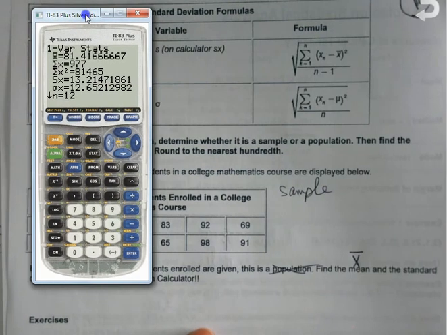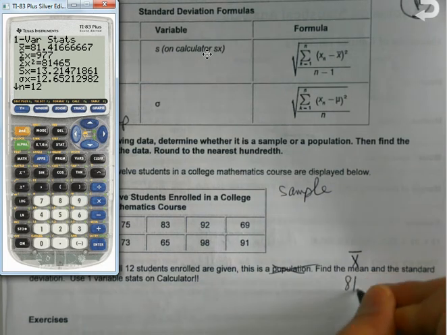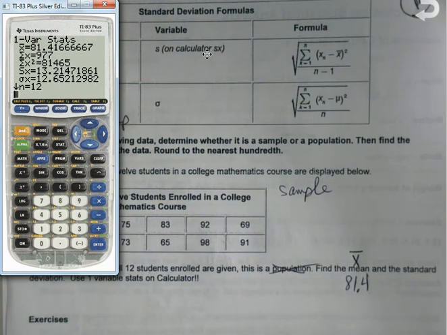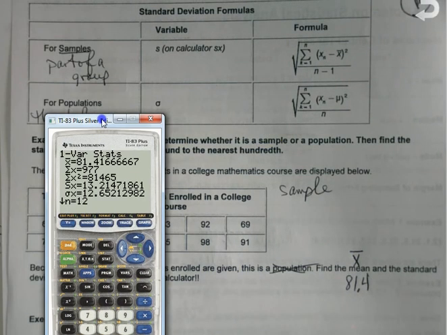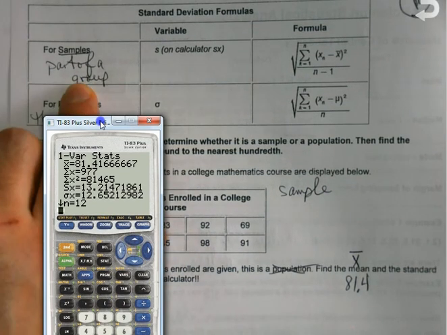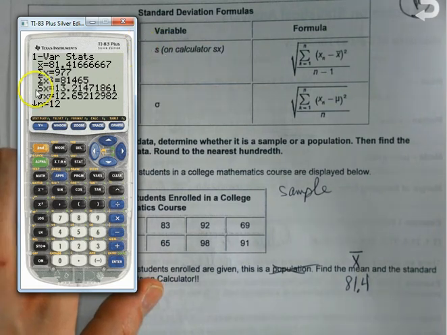Oops, let me move my calculator over here. So my mean is about 81.4. Now, the standard deviation, this is where I've got to be careful. If my standard deviation is for a sample, that's when we use the one that looks like the S here.